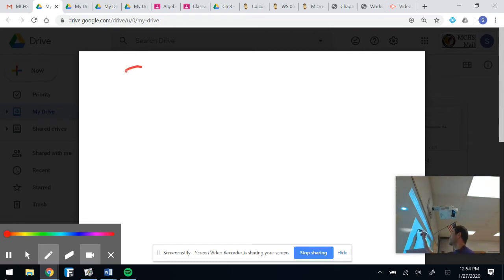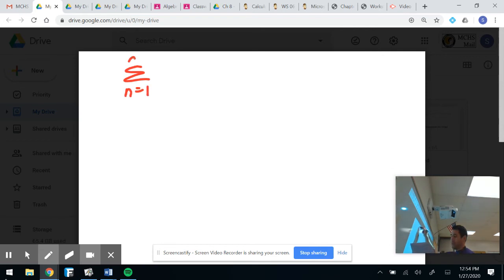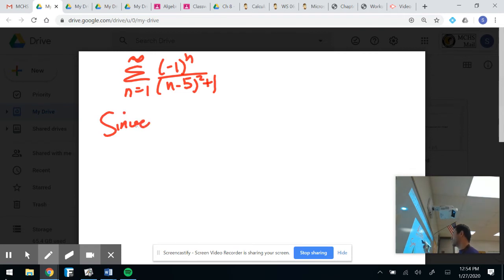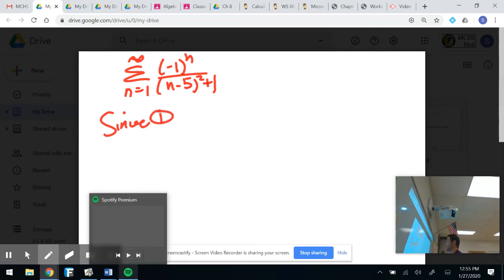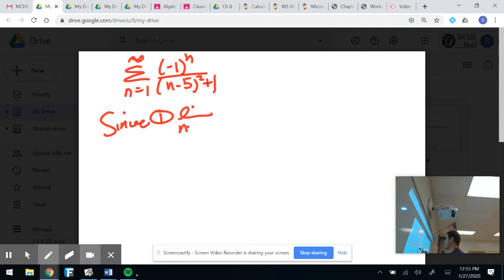All right, let's look at this next one. Here we go. The series n equals 1 to infinity of negative 1 to the n, another alternator, over n minus 5 squared plus 1. Since it's an alternating series test, let's start writing out my little saying. I need 2 things to happen for this one. I first need the limit, as I take out the alternator, to equal 0.